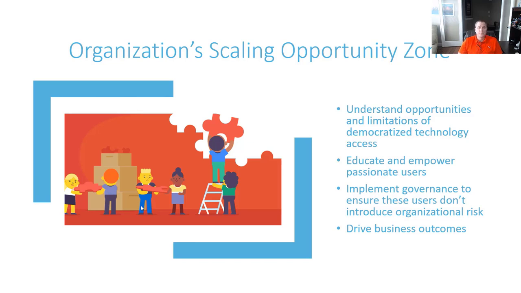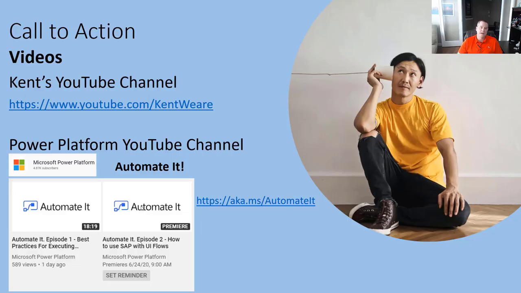And then you can also introduce governance to ensure that these users don't introduce organizational risk. We have things like data loss prevention policies, cross-tenant restrictions, environments that you can leverage in order to protect the assets of the company itself. And lastly, really focus on driving business outcomes.